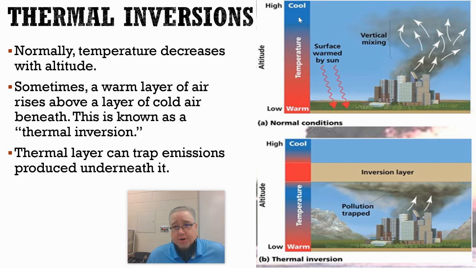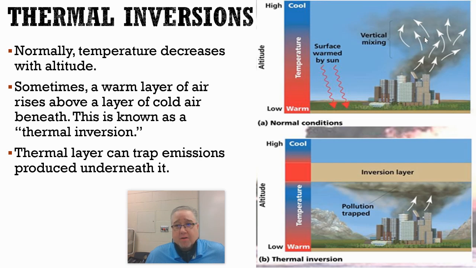This is temperature. We know that as we go up in the troposphere, temperature gets colder with altitude. So this is the temperature gradient here. We're going up and up, getting cooler and cooler. It'll be really cold at the top of the troposphere. The surface down here is generally warm, especially in the summertime.